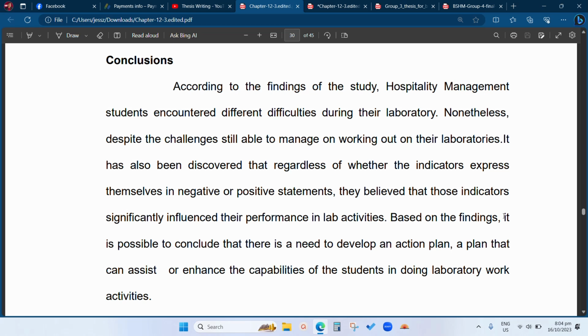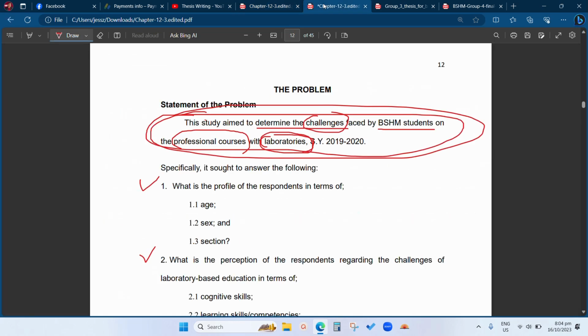Also, based on the findings, there is no need to develop an action plan to enhance the capabilities of the students in doing laboratory work activities. So we can observe that the conclusion answered the main problem.